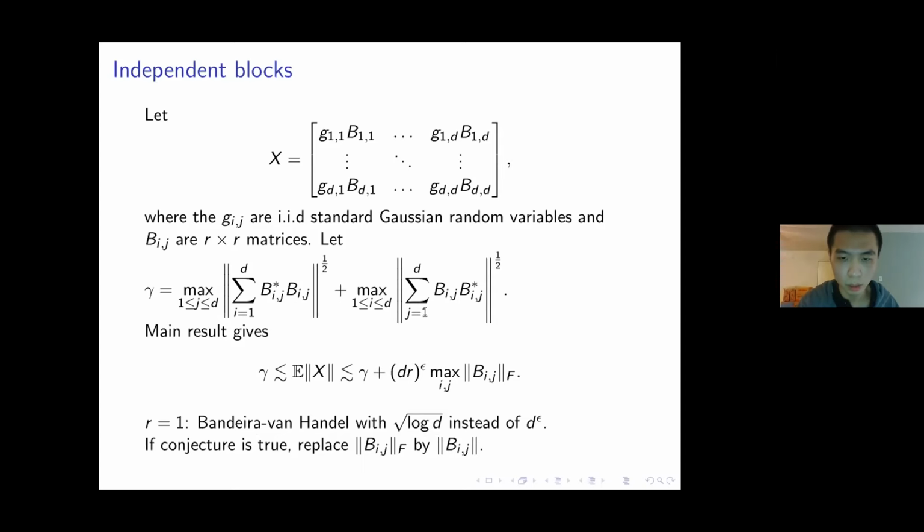This is always greater than or equal to this. And even if we put d to the power epsilon, in many cases, this will still dominate this. But what our main result gives is only with the Frobenius norm. So if that conjecture is true, we can remove this Frobenius norm, it just becomes the spectral norm.